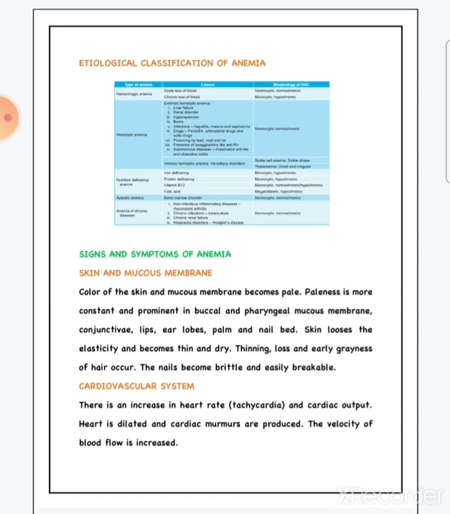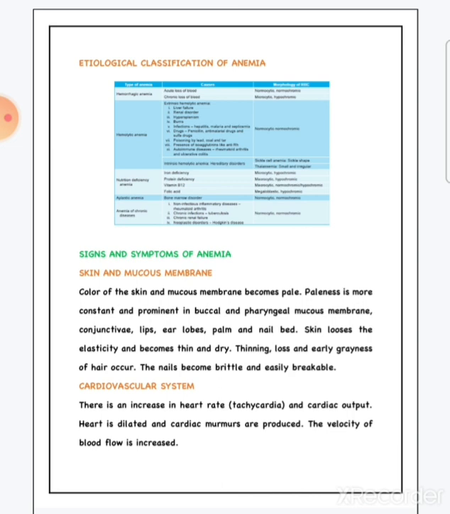Hemolytic anemia is due to the destruction of the RBC. Increased destruction of RBC. Causes are liver failure, renal disorder, hypersplenism, and burns, infections such as hepatitis, malaria, and septicemia, and drugs such as penicillin, anti-malarial drugs and sulfa drugs, and poisoning by lead, coal, and tar.